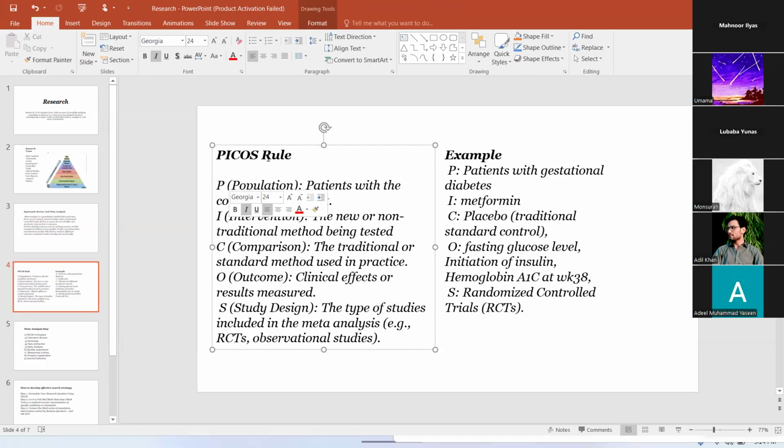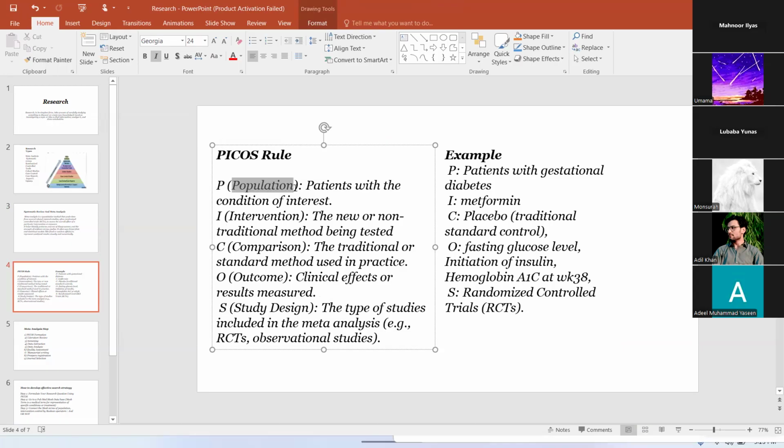Let's say I'm performing a meta on a drug. There is a drug in the meta, there would be some sort of patient population, along with that we would be having a control group. I'll be explaining what the control group is, and then we'll be having some outcomes from those drugs, and then the study designs. So first of all, the P in PICOS means population.